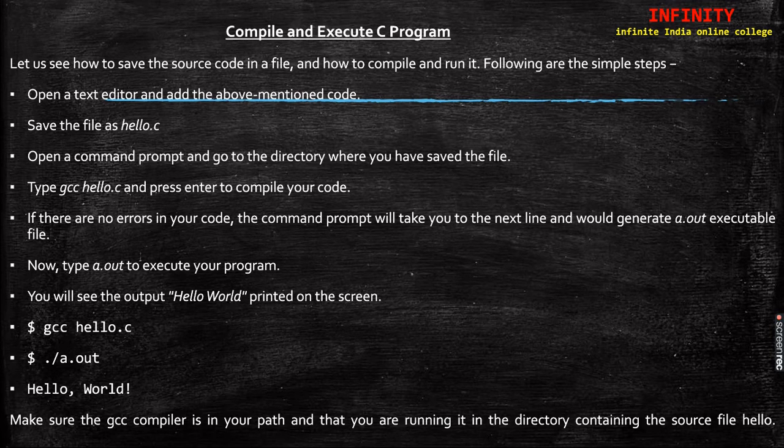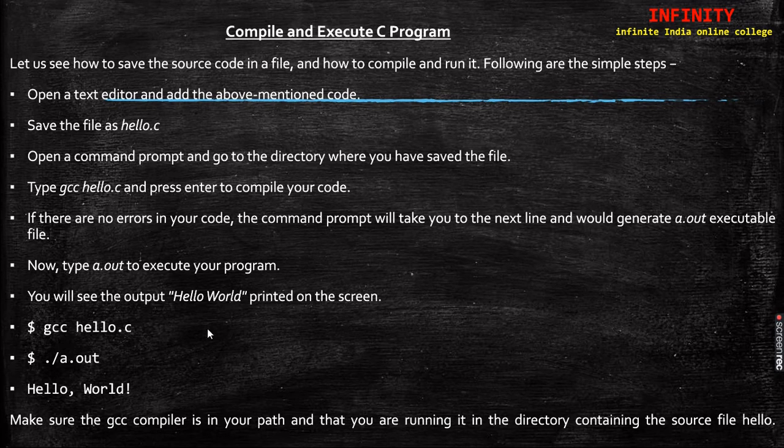If there are no errors in your code, the command prompt will take you to the next line and would generate the a.out executable file. Now type a.out to execute your program. You will see the output hello world printed on the screen.